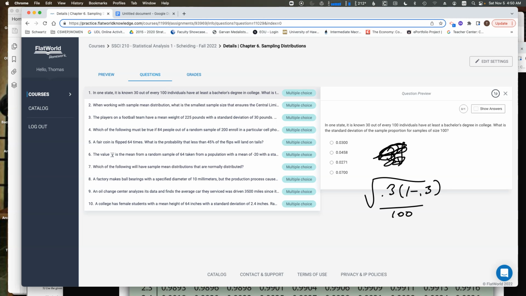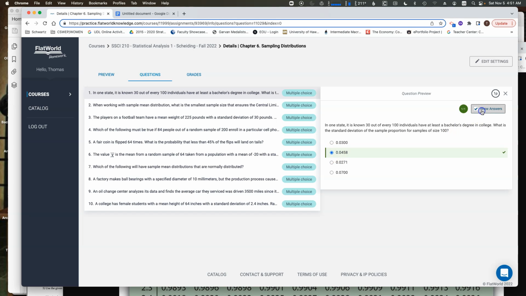Let's calculate that. And taking the square root is 0.0458. And there we go. Okay, let's make sure that's actually correct. It is.